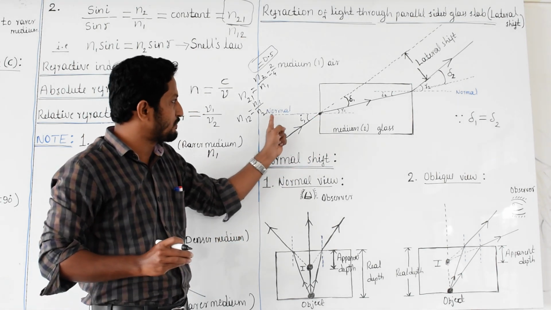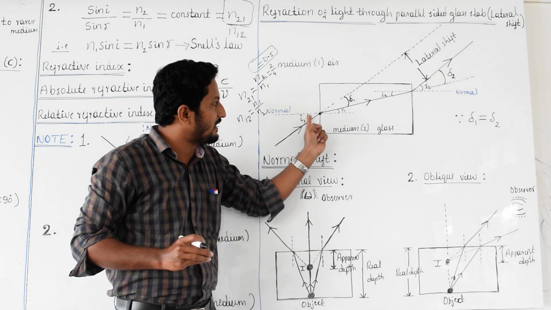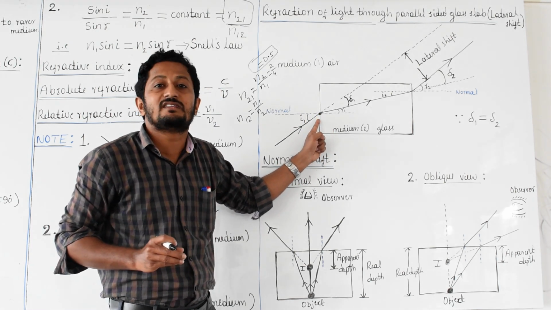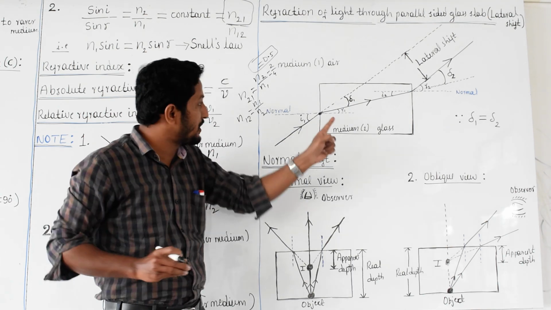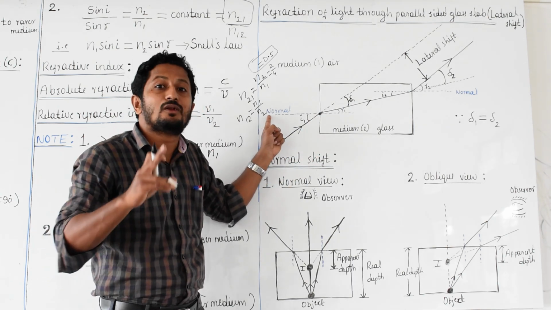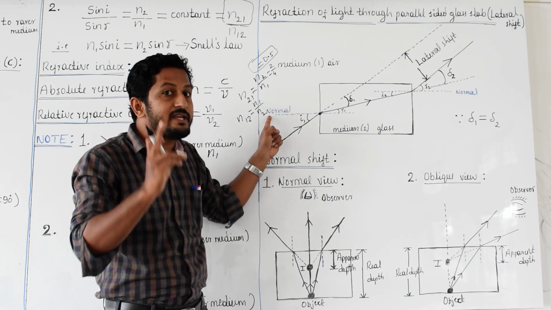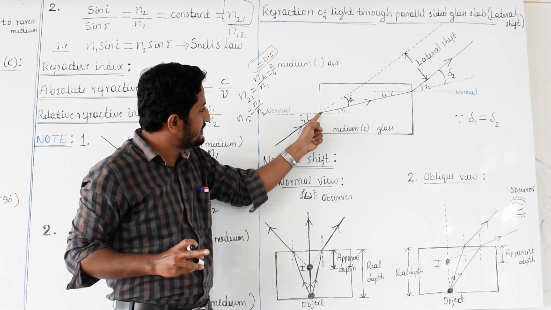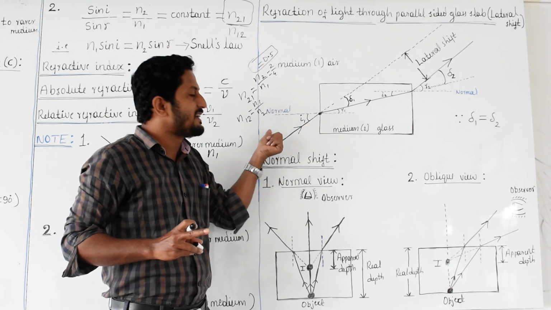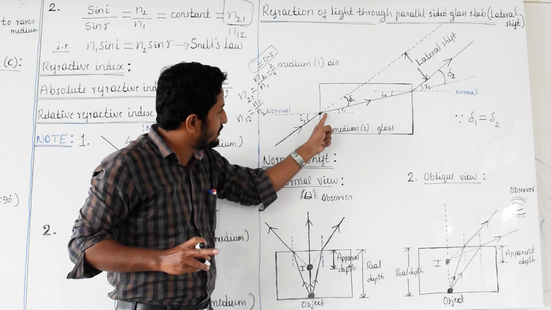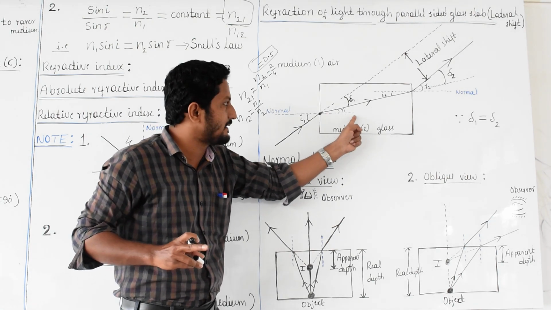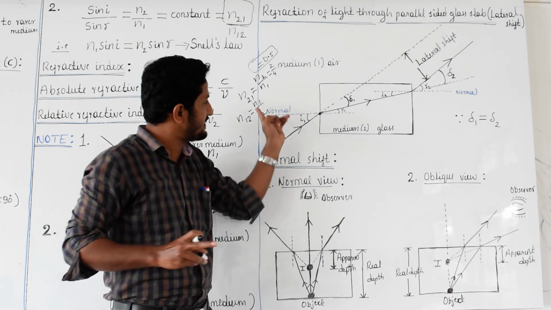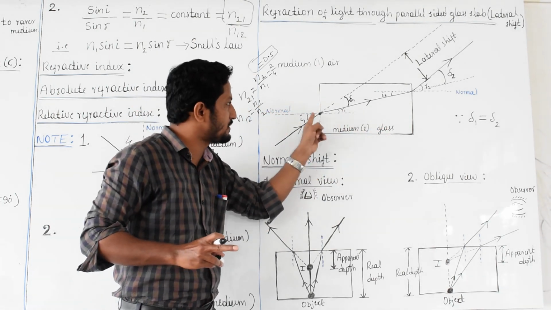This blue colored dotted line indicates the perpendicular to this point of incidence. That perpendicular line we have to call the normal. Very important. This is the normal. You extend it, it is the normal to that point in the first medium, and on this side it is the normal to that point in the denser medium. Extend it like this.